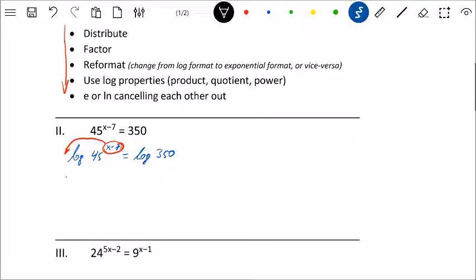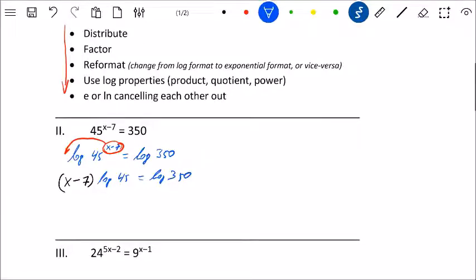Now what we have is an x minus 7 that's in front of log 45 equals log 350.